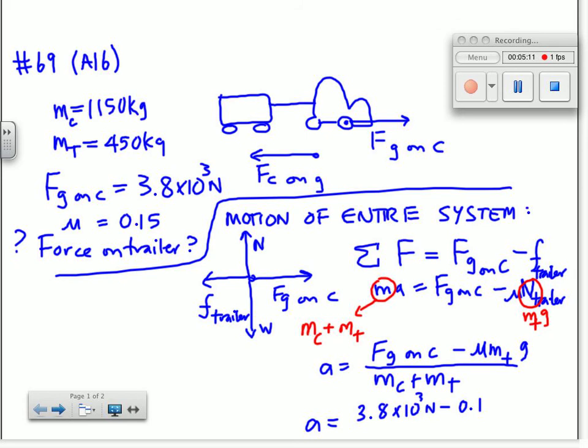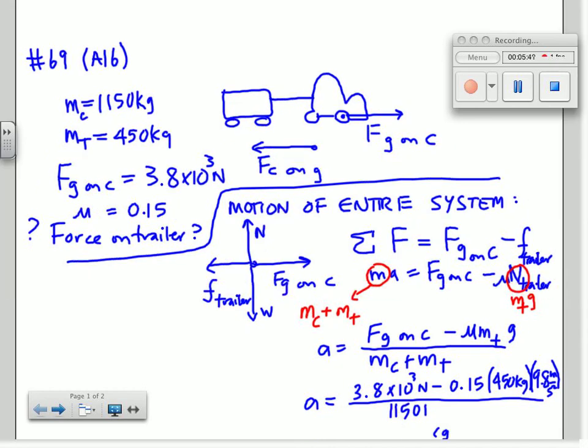Mass of the trailer is 450 kilograms. And notice here I'm putting in positive 9.8 because remember, we put in the negative sign back up when we wrote out the net force equation. And this is all going to be divided by the total mass of the system, which is 1,150 kilograms plus 450 kilograms.